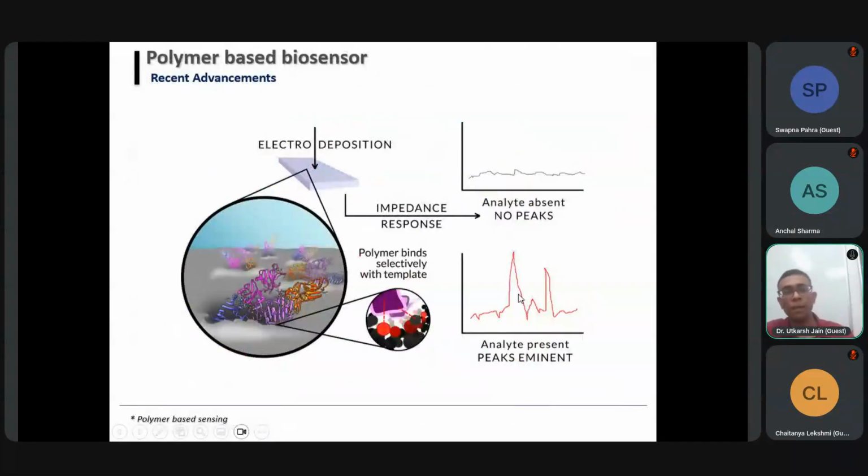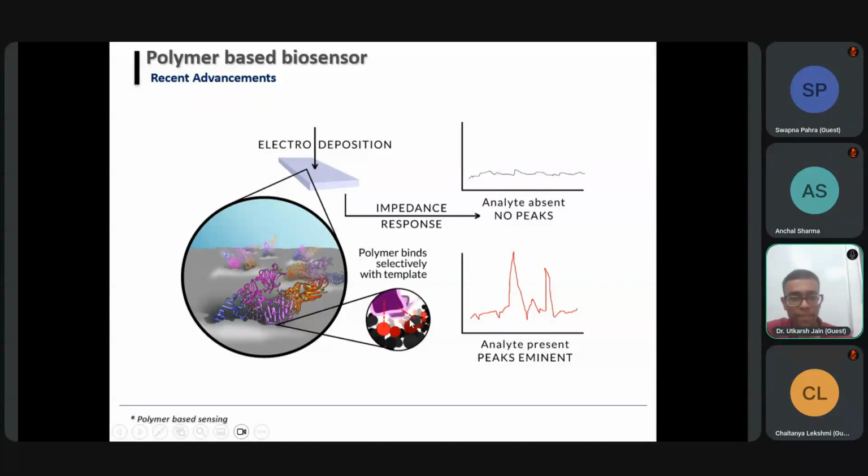Now, that was the part of one enzyme-based sensor. One of the sensors which we developed is a polymer-based sensor, where we developed a molecularly imprinted polymer deposited on the electrode surface.